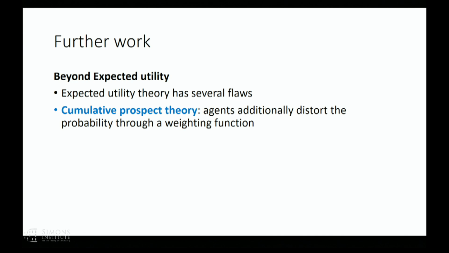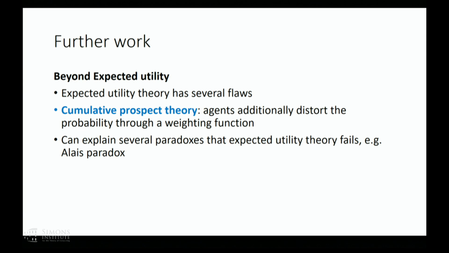The typical model that's used by behavioral scientists is cumulative prospect theory, where you think of it as an addition to the typical theory, where people also have subjective forms of probabilities, a weighting function where they can weight the probabilities, apart from actually applying the utility function to the wealth. And it can cover several cases where expected utility fails.